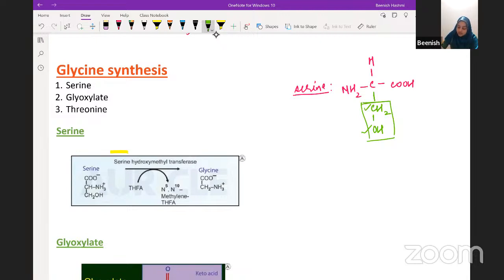This is removed as methylene tetrahydrofolic acid, because there is just one beta carbon to which this hydroxyl is attached. So the beta carbon of serine is removed as methylene tetrahydrofolic acid.